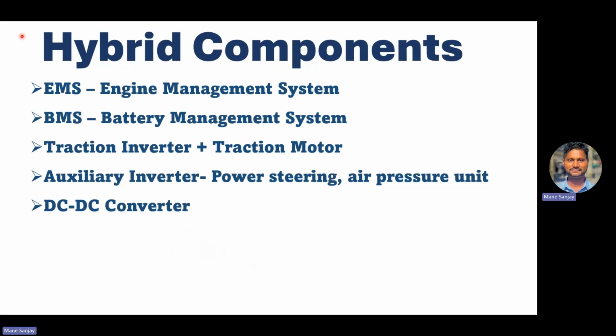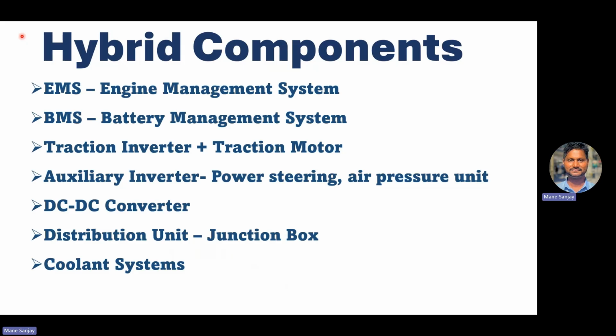Next, a very important component is the DC-DC converter, which takes the high voltage and converts it to the operating low voltage, either 12 volt or 24 volt, which is required to charge the LV battery. The distribution unit, sometimes called the power distribution unit or junction box, as the name indicates, distributes the power taken from the battery to the other major components in a hybrid vehicle.